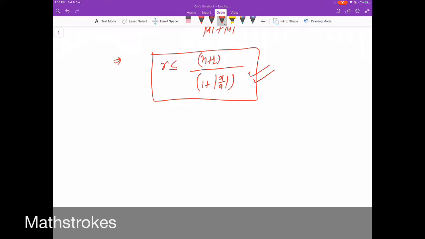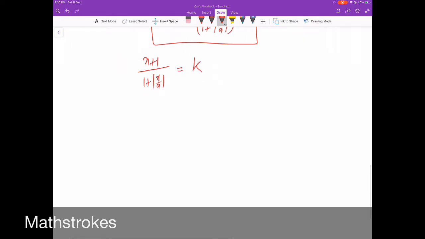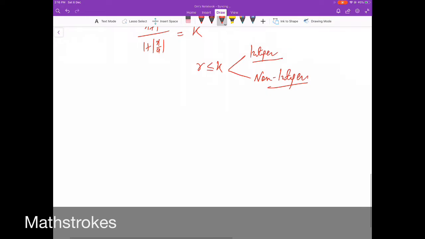Now suppose (n+1) upon (1 + mod x by a) is equal to k. So now I can write r is less than or equal to k. Now this k can be an integer or a non-integer. Only these two are the possibilities.